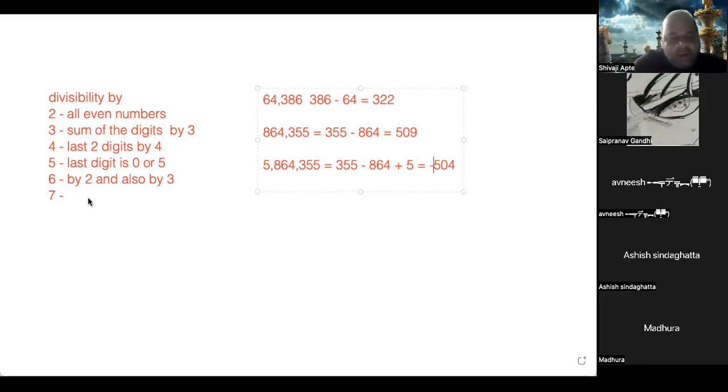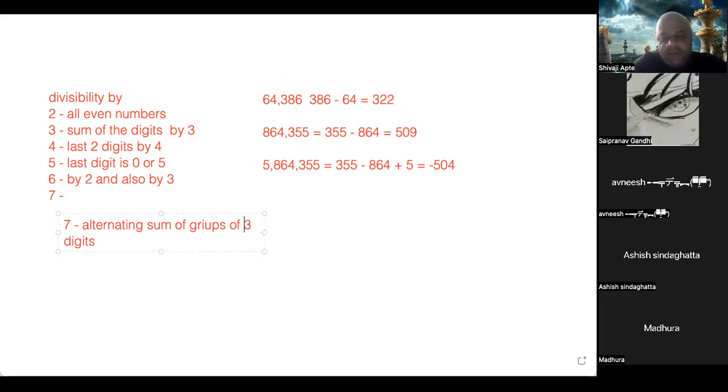So what do we call this formula? It is the alternating sum of groups of 3 digits.